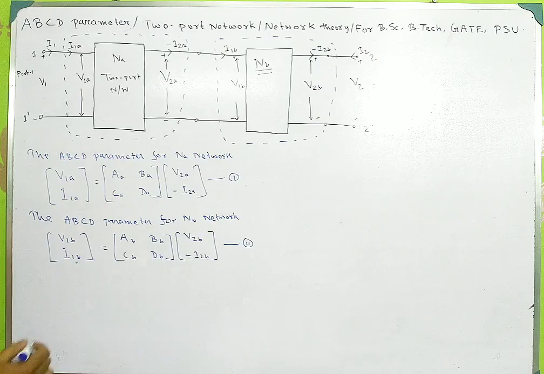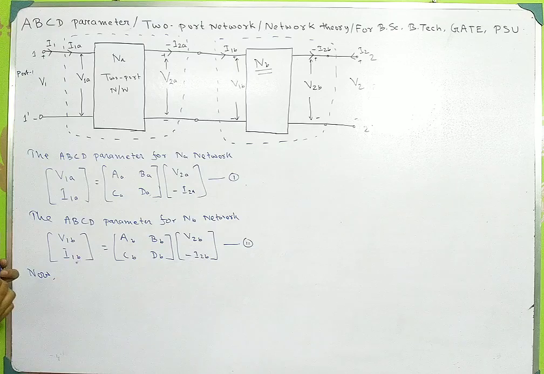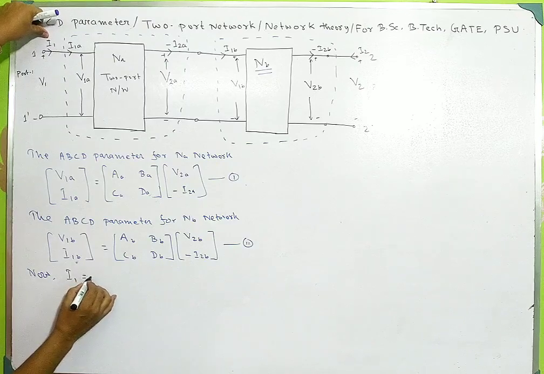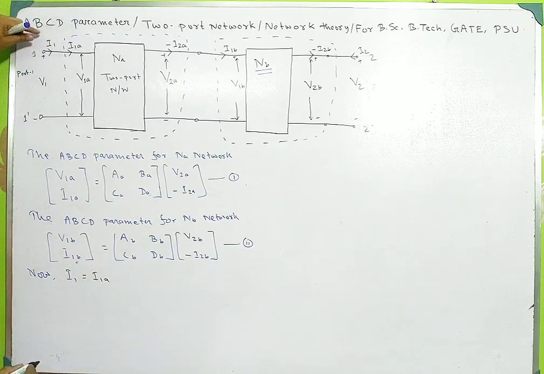Now we can relate this current and voltage. Here I have taken I1, so we can write that I1 is equal to I1A, because the direction of I1 and I1A is the same.